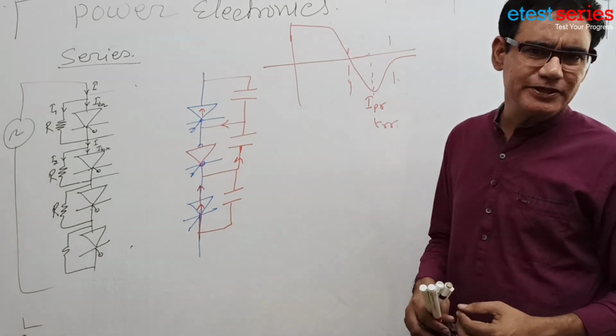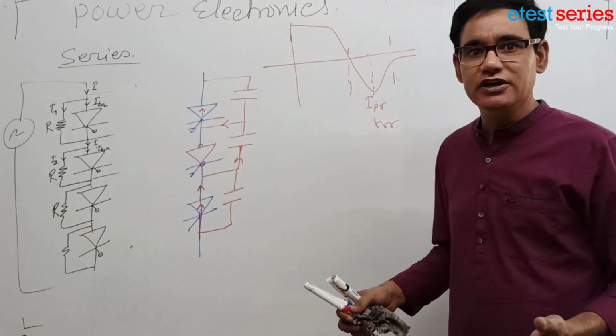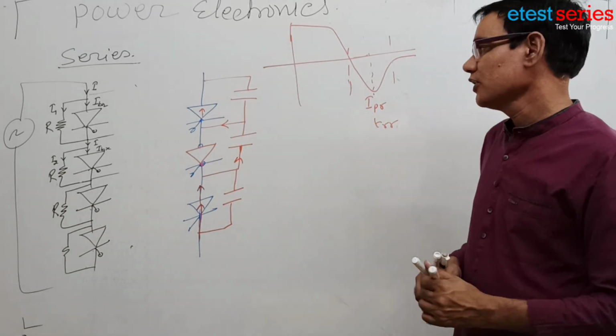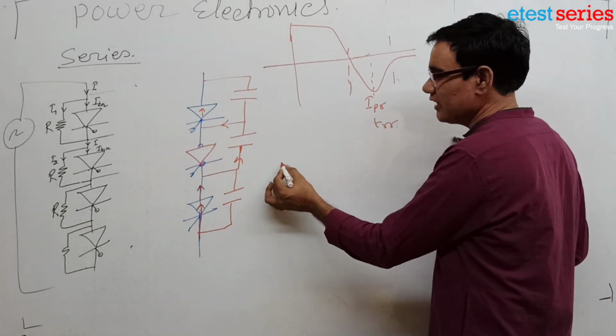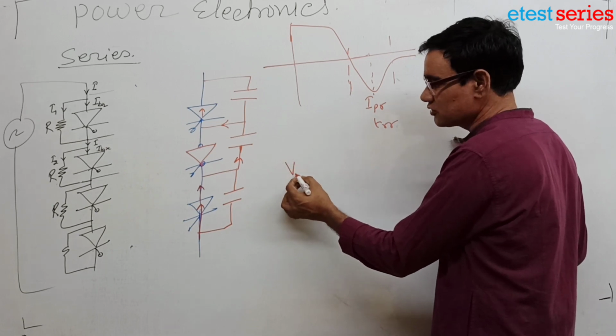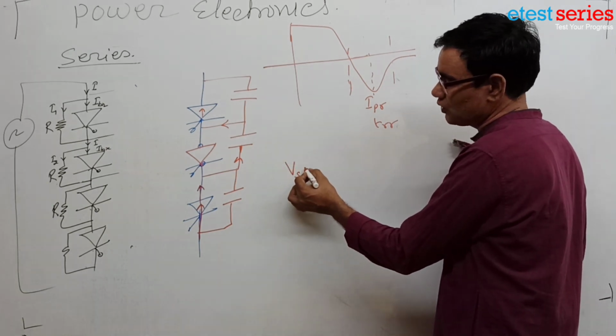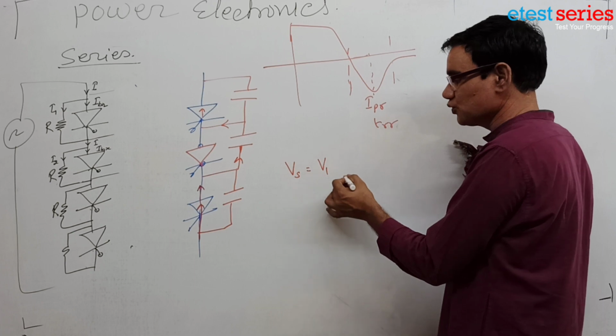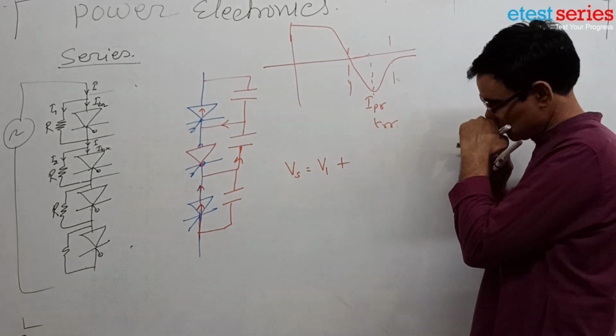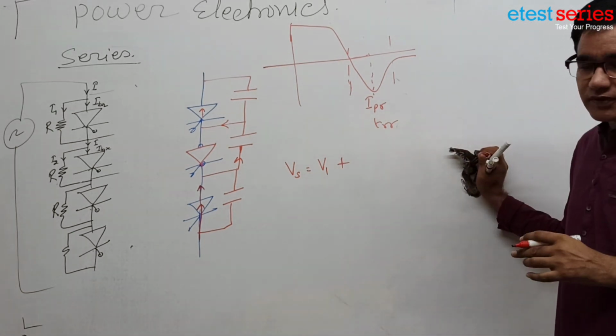So what should the value of the capacitor be? How can we design it? How can we find out the value? The source voltage is equal to the voltage across the first one plus the voltage across the second one.